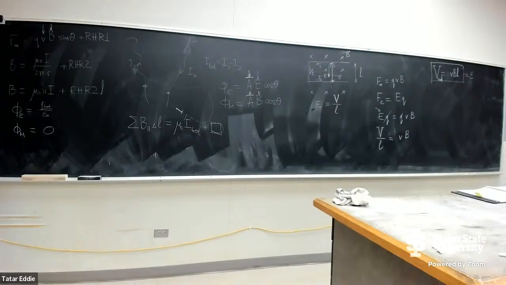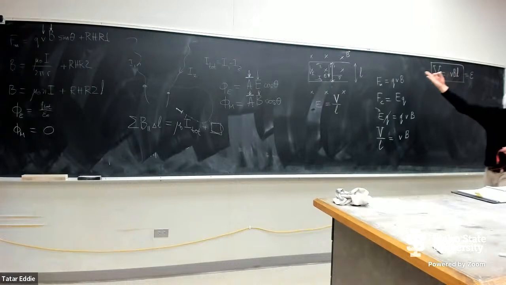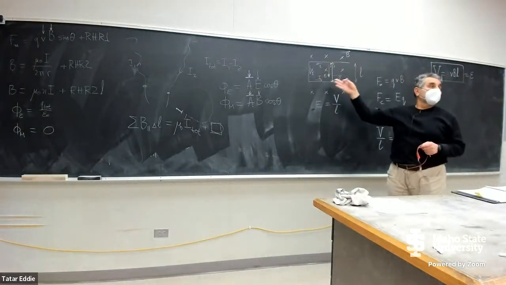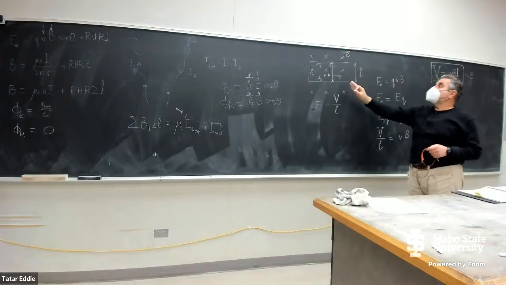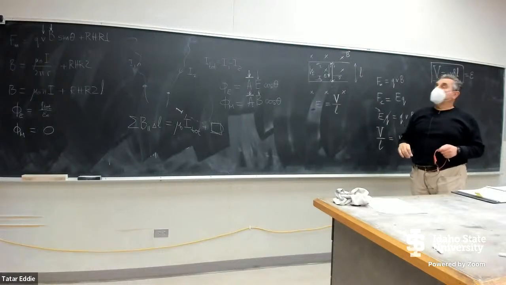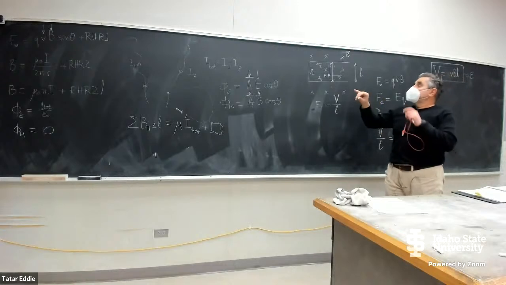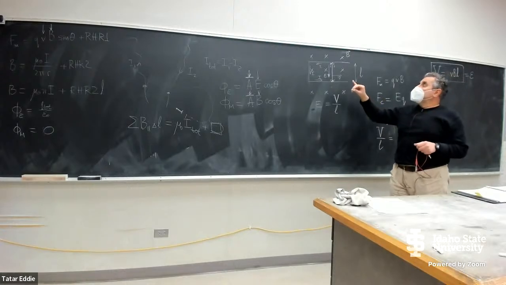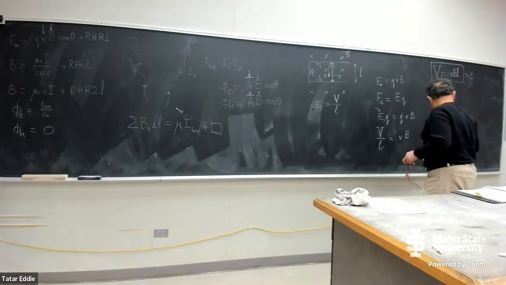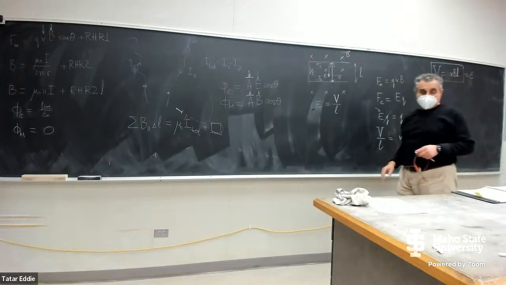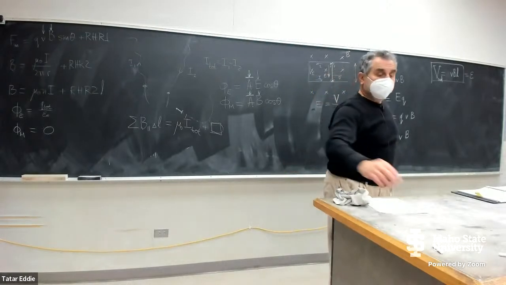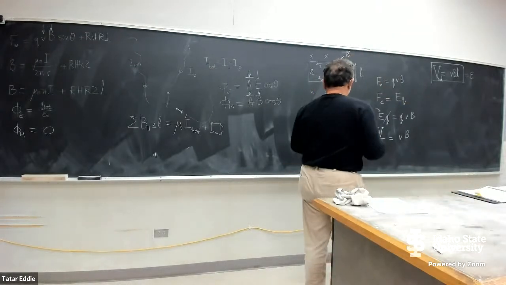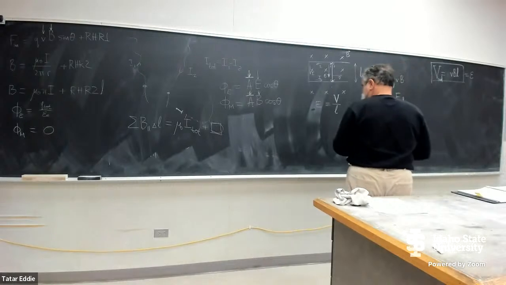Well, we're still going to do the analysis using the same rectangular piece with one of the sides of the rectangle moving to the right with speed v, and the magnetic field into the board. So let's still use this, but now rewrite this result the following way.